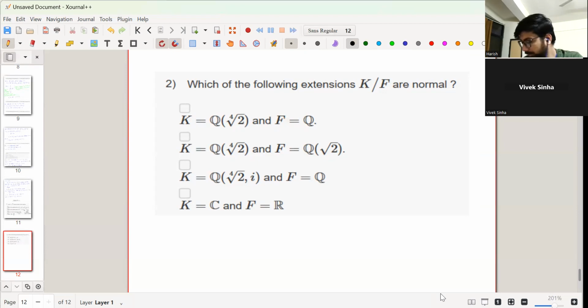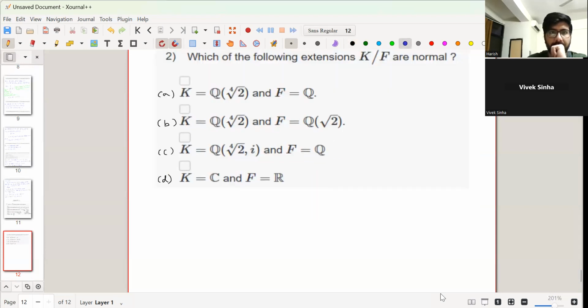So let me give them some names: A, B, C, and then D. Then we will check them one by one. Solution number 1. If it is a normal extension, it should be a splitting field of some polynomial.